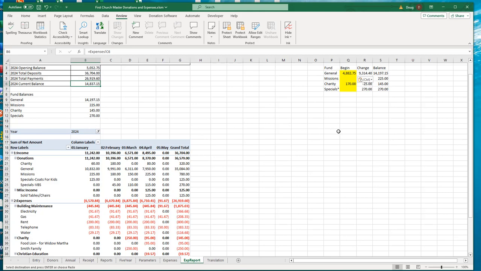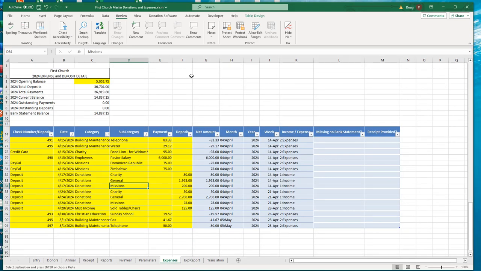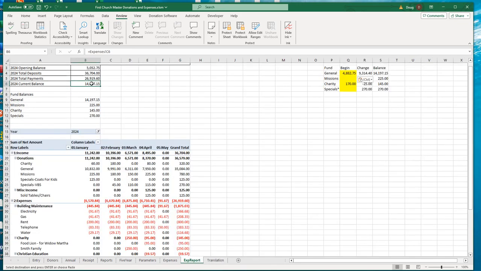All right, let's just talk about one other small thing. If you are being very diligent to identify the true beginning balance when you start the new year, if you're diligent about that, this really does represent the opening balance at the beginning of the year, then we can actually simplify our calculations over here by using the current balance.